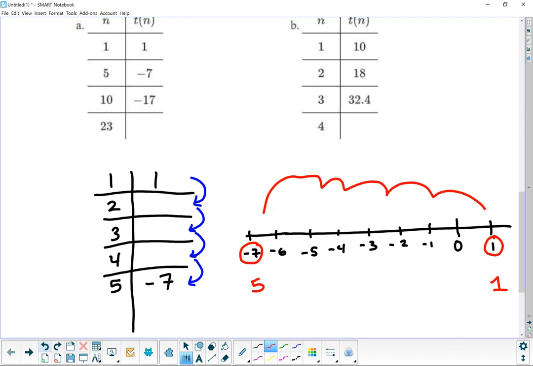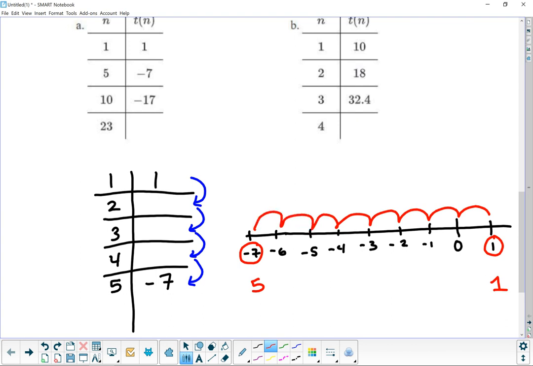So I'm going to count and see how many I have. From 1, I have 1, 2, 3, 4, 5, 6, 7, 8 jumps. Right? And I need to make sure that I have 3 more spots in there.